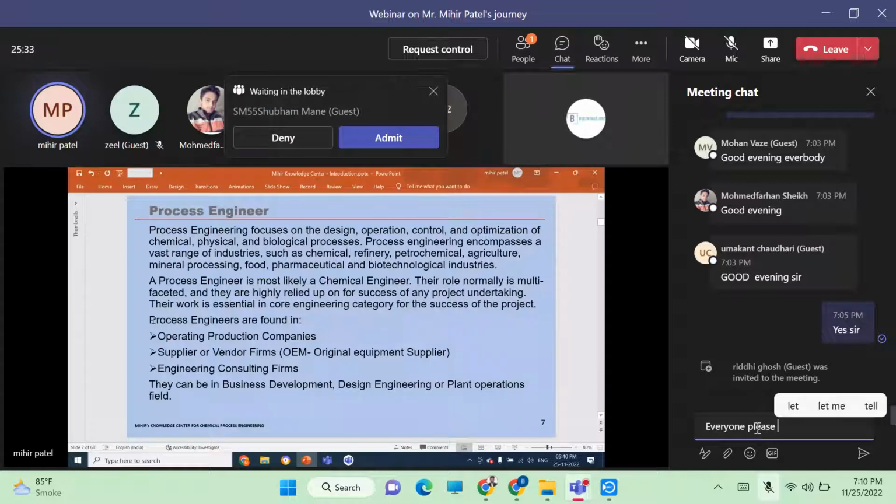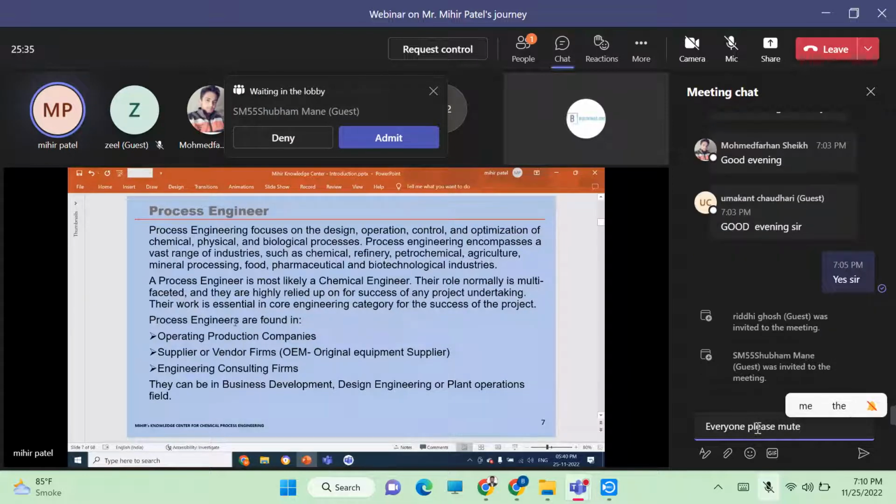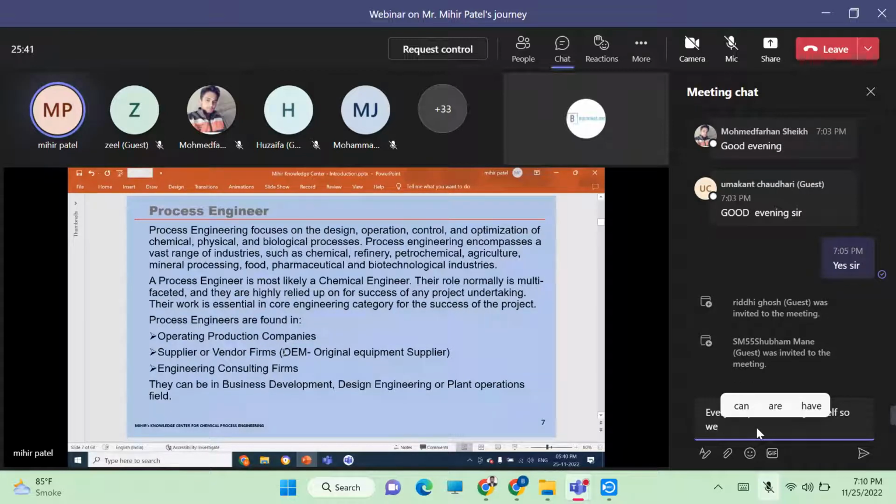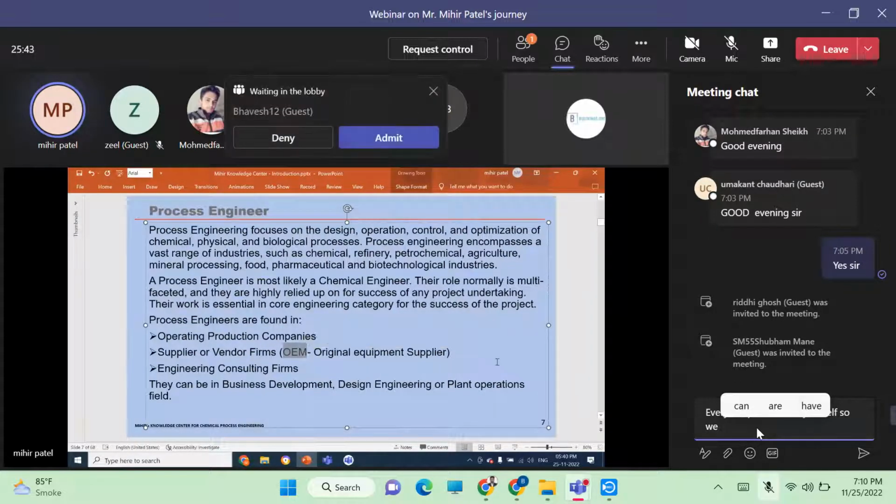Accordingly, I have listed here, process engineers are found in operating production companies, supplier or vendor firms, which are normally called OEM, original equipment manufacturer. And then you have engineering consulting firms. There are many consulting firms.